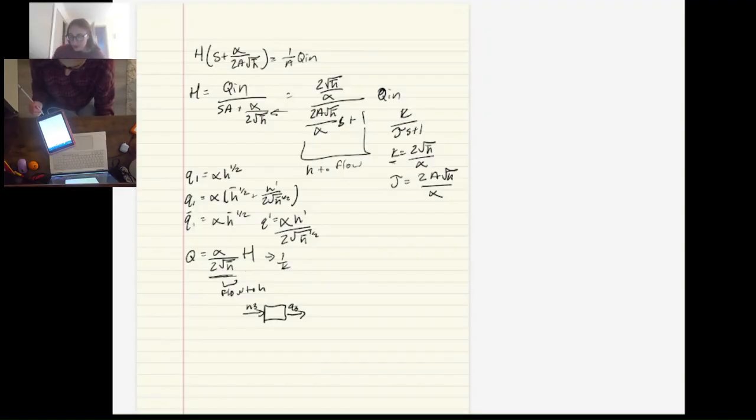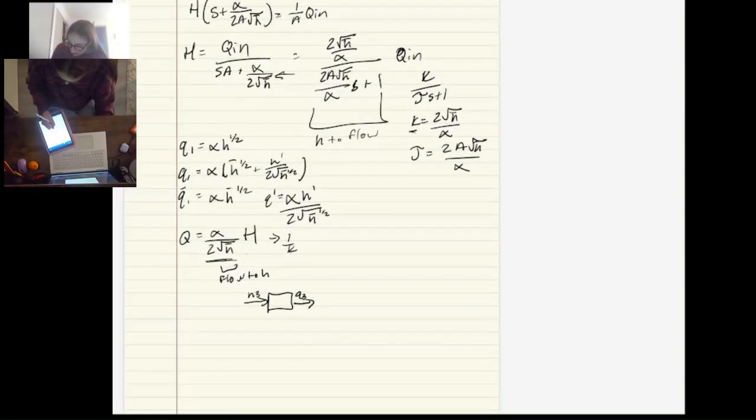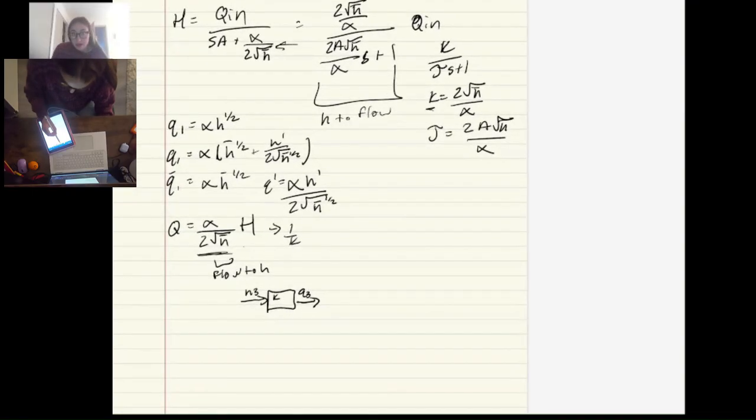And then to get that information, we're going from a height to a flow, right? So from that, we know that that is going to be our K over tau S plus 1.